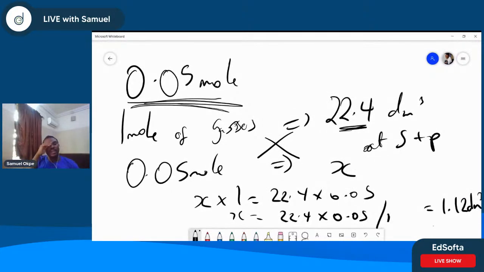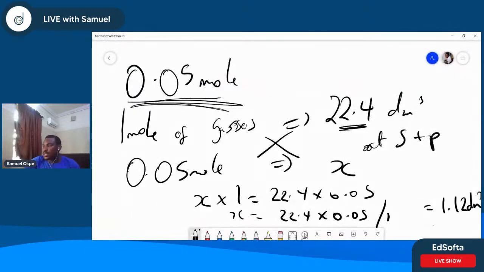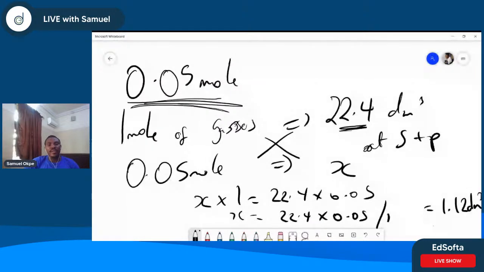They said during a titration experiment, 0.05 mole of carbon dioxide is liberated. What is the volume of gas liberated? And they gave us the molar volume of the gas at STP is 22.4 dm3. So all we just need to do is apply proportion.